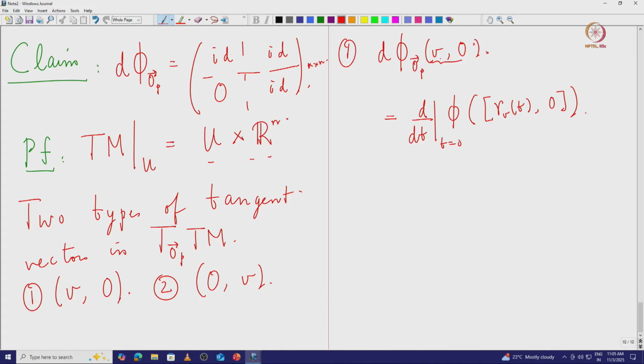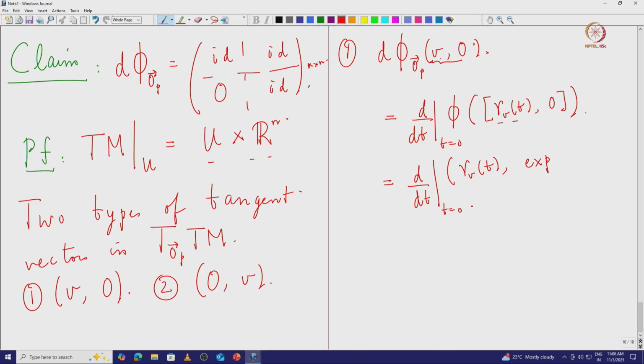All right, but then by definition of phi, this is simply the projection to the first component.